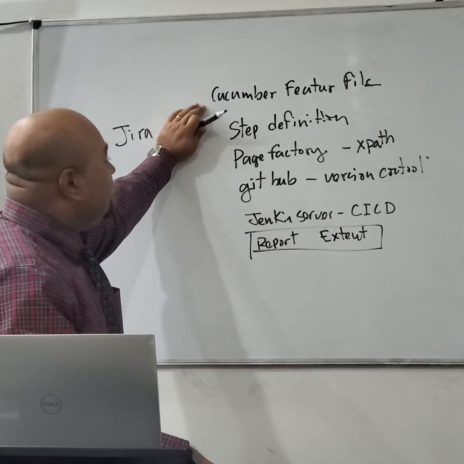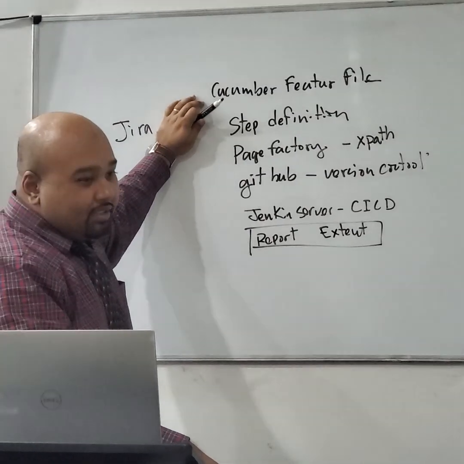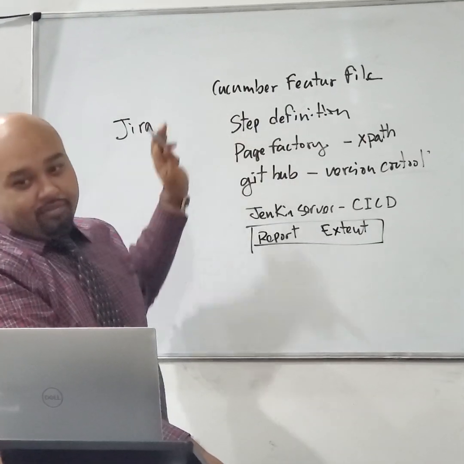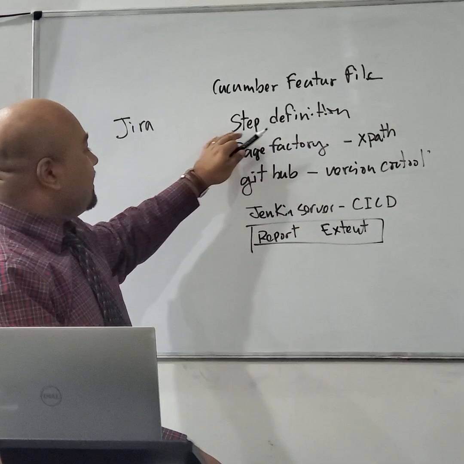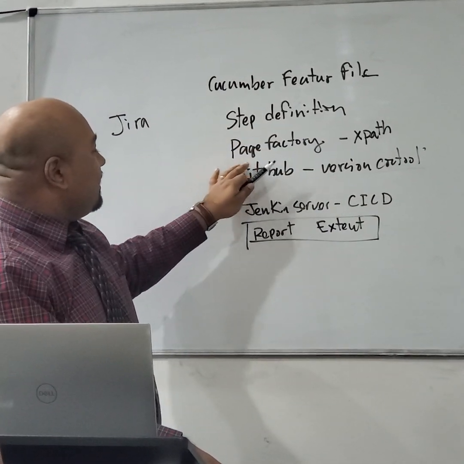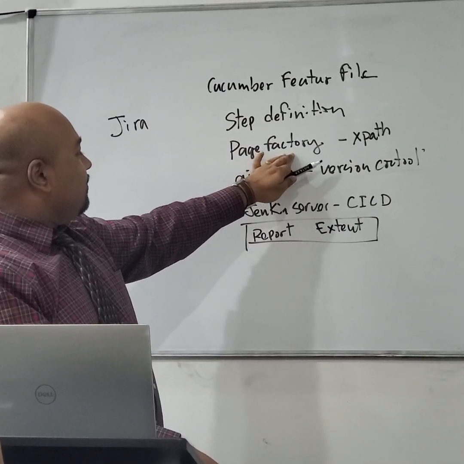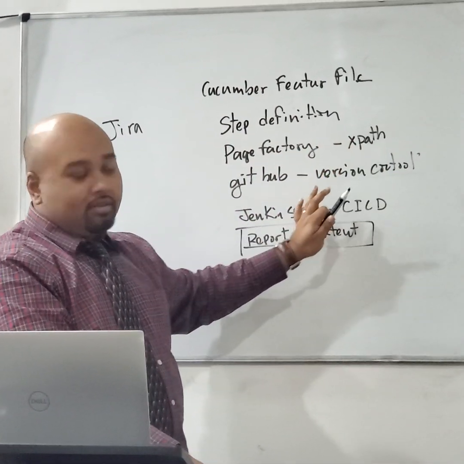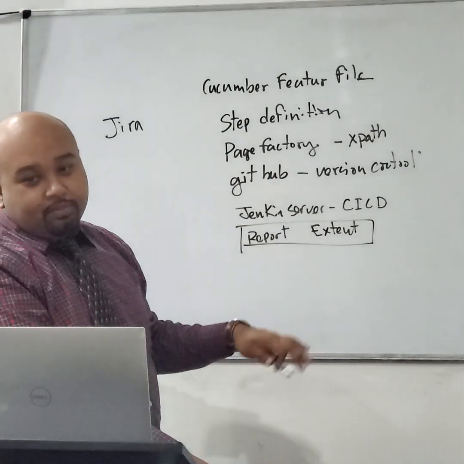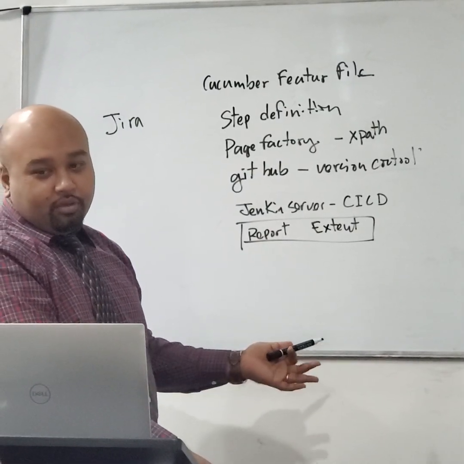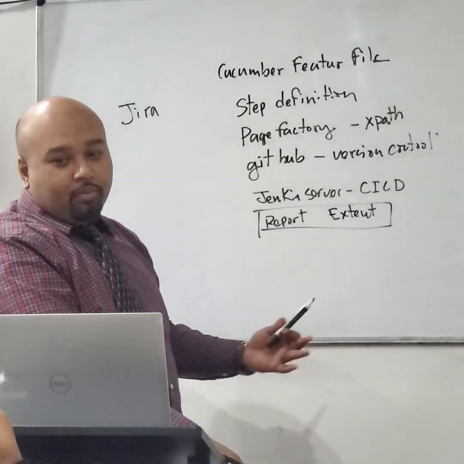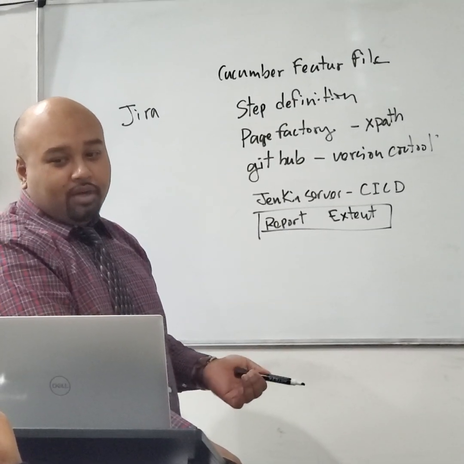But the way I said it is, for my automation, I use the Cucumber feature file to write my step definition. Using the step definition, I connect my page factory. I write my page factory with XPath. If they ask about XPath, you can explain why you use it: compared to other locators in my project, XPath was working much better.